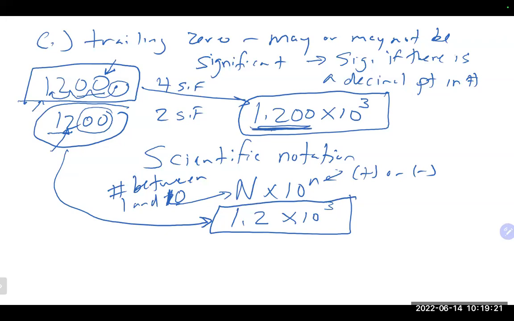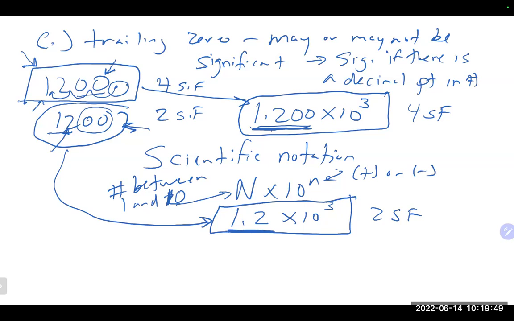So the top number here has 4 significant figures, which is what the original number had, and we should still maintain it. When I write this guy here, it is just the 1.2 that is before the times 10 part, which is 2 significant figures, which again is what our original number should have. So if you write something in scientific notation, you shouldn't lose any significant figures.